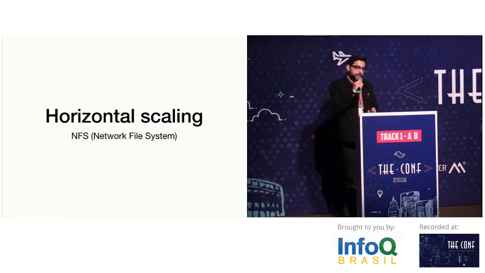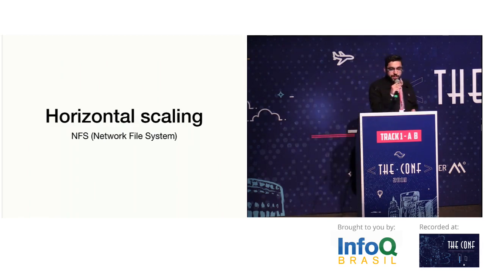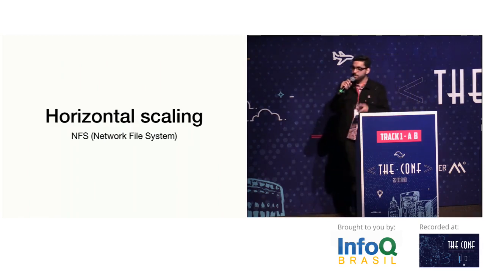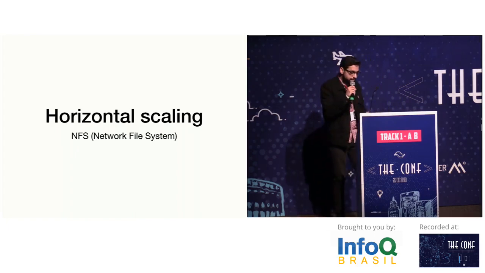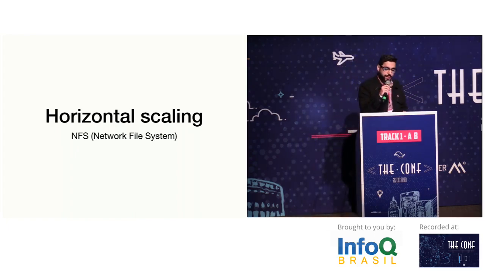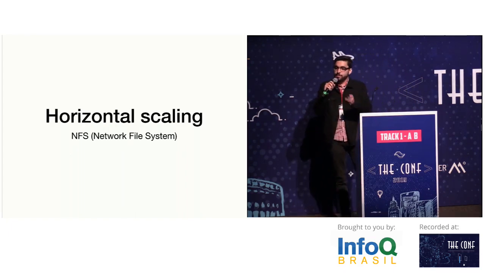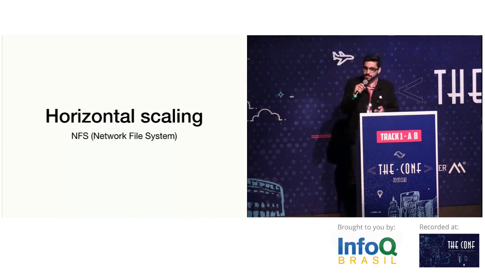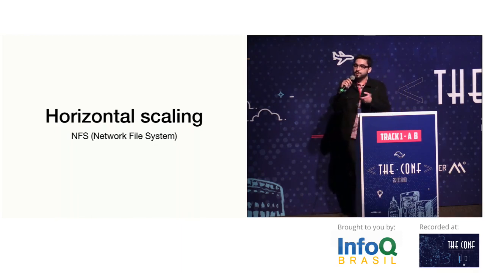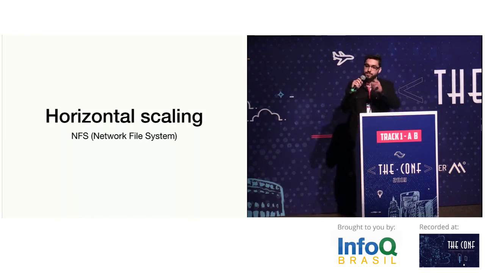So let's talk a little bit about horizontal scaling. At this point, we were just throwing money at the problem, let's say. And then we started thinking that we would need to scale this horizontally. So let's say we would need to separate repositories across different NFS servers. NFS is basically a protocol that lets you access remote files on different servers.